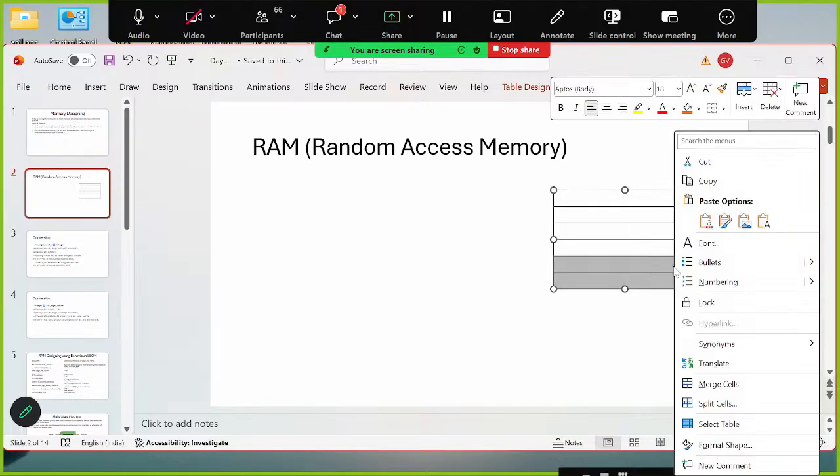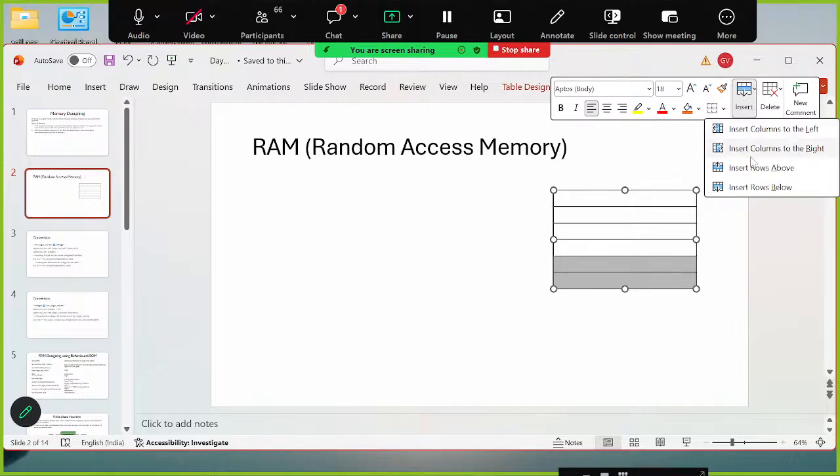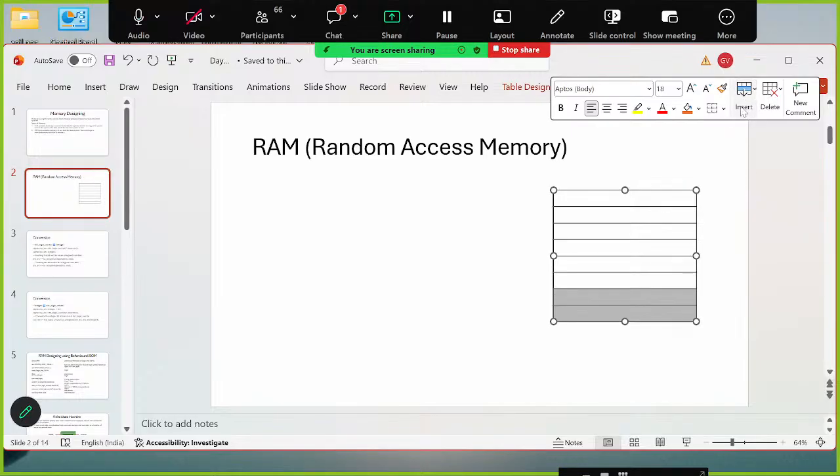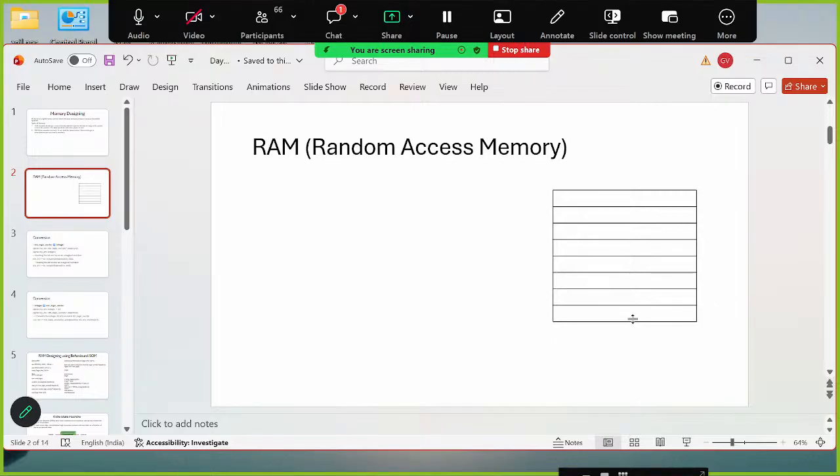As I told you, memory is nothing but a stacking of registers only. So this is register 0, register 1, register 2, 3, 4, 5, 6, 7. Let's assume that we are having 8 registers.